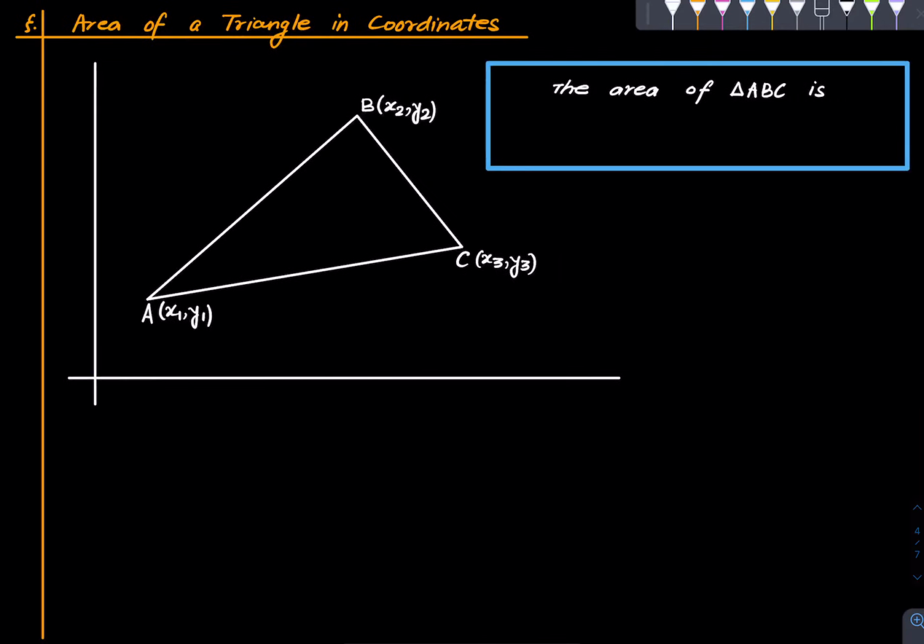And now suppose we are given a triangle ABC whose vertices have coordinates x1, y1, x2, y2, and x3, y3. Then we want to find the area of the triangle ABC in terms of these six numbers. We will prove this, and let me make a simplifying assumption. We will assume in the proof that first of all, all of these six numbers are positive.